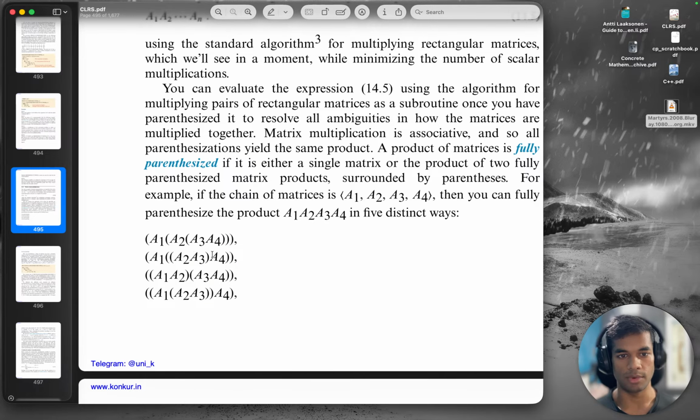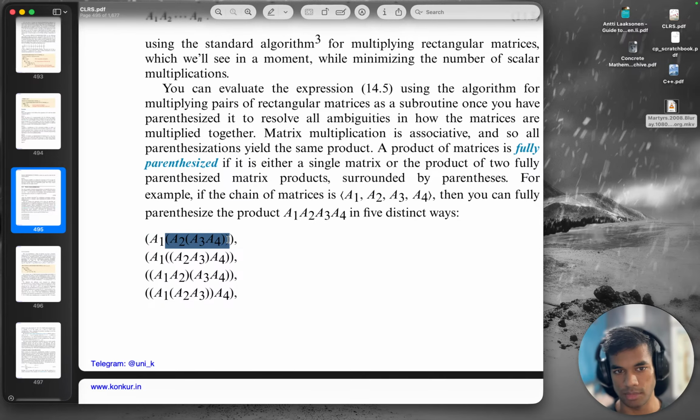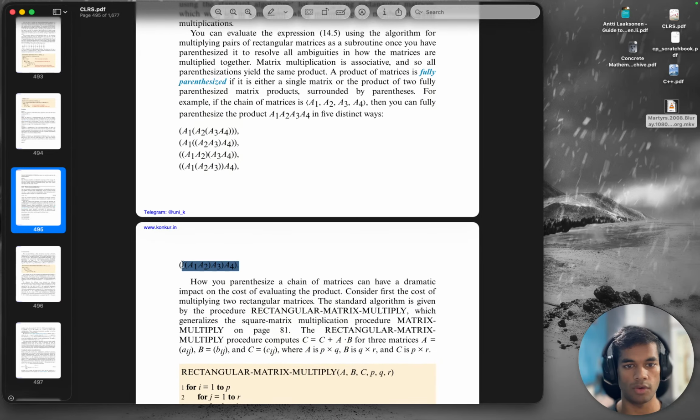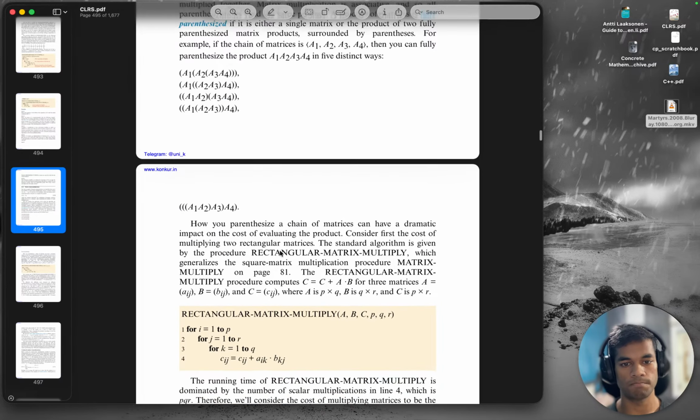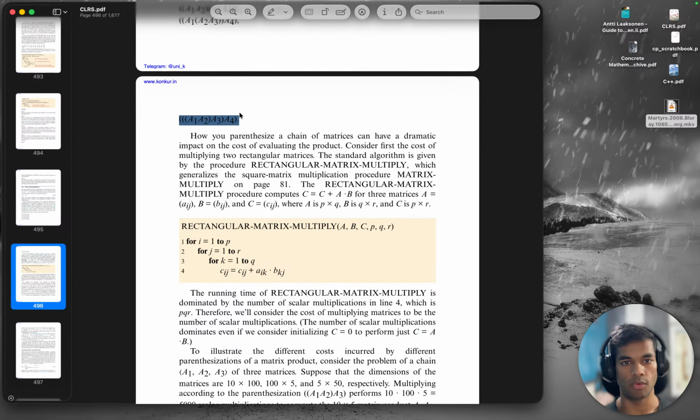Here we have a singular matrix multiplied by a singular matrix, and this is multiplied by a fully parenthesized matrix, and then this is multiplied by a fully parenthesized matrix. So this whole thing is fully parenthesized, and you can check all of these are also fully parenthesized. So that is how you define an order of multiplying matrices.